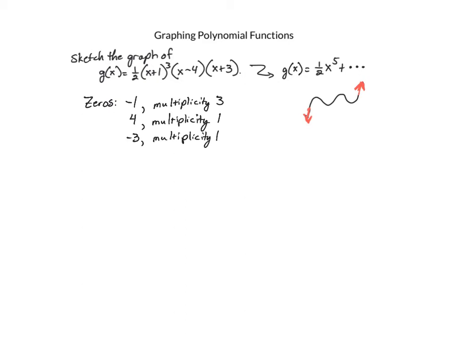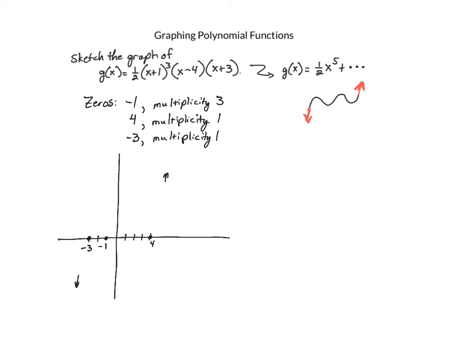So let's see what we come up with. Our zeros will be labeled down here at -1 and at 4 and at -3. I know my graph. We saw the end behavior. It's going to be up here. And let's see, down here. So here we go. We're just going to use the multiplicity to figure out what it looks like.